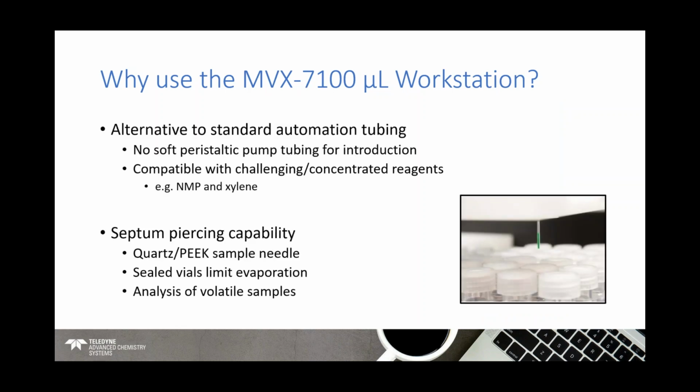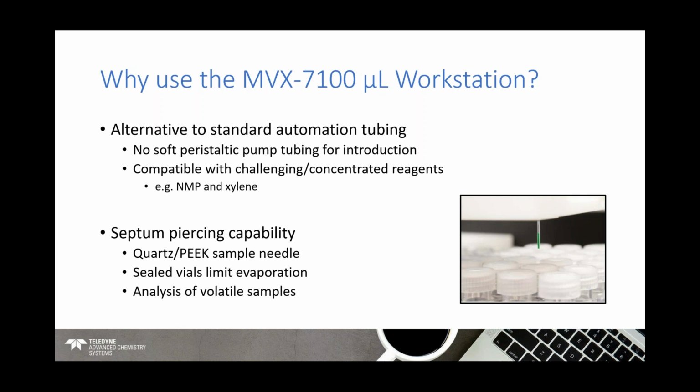In addition to that, by the way that you're running the MVX and the materials the tubing is manufactured from, it's an alternative to what you might refer to as the standard automation approach to ICP-MS. With the MVX 7100 system, there is no soft peristaltic pump tubing as part of the sample introduction process.